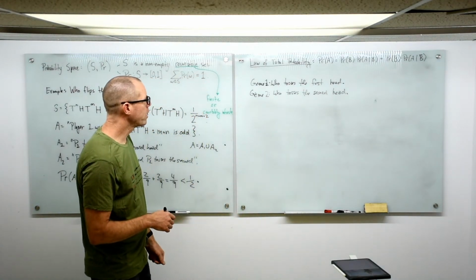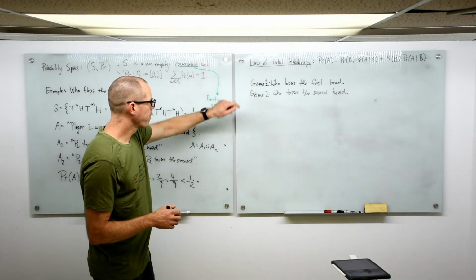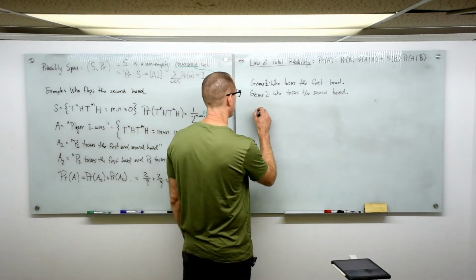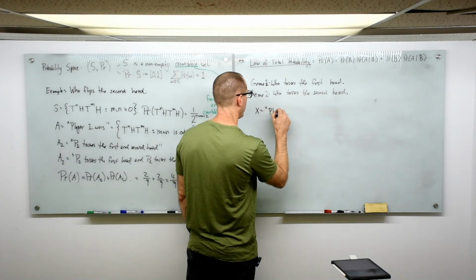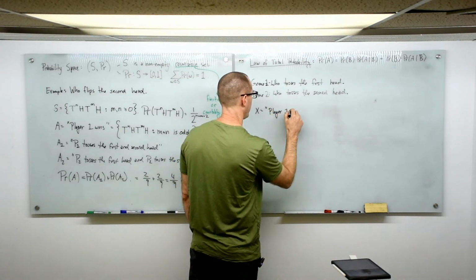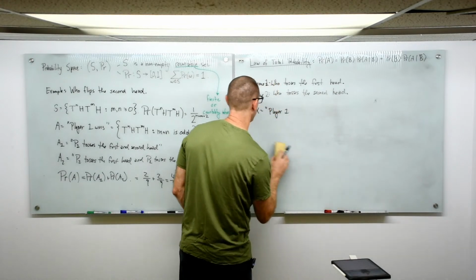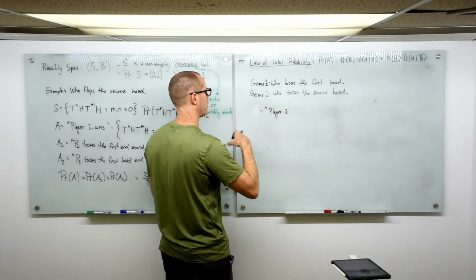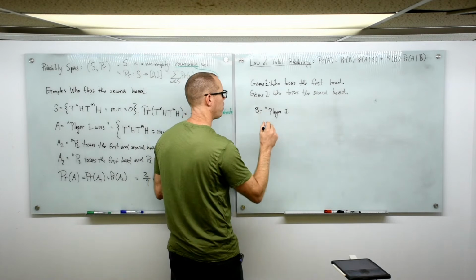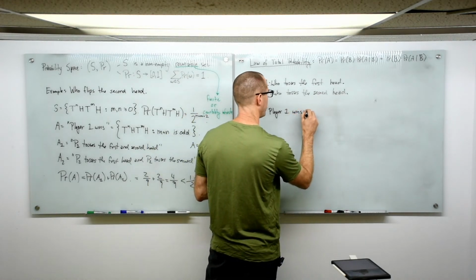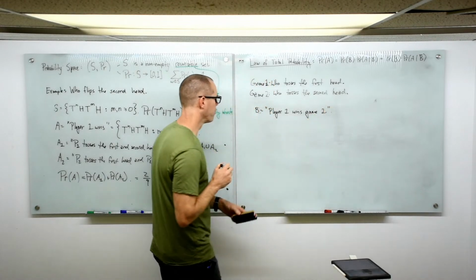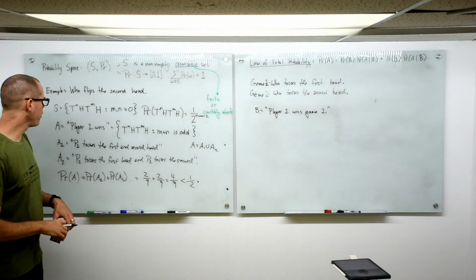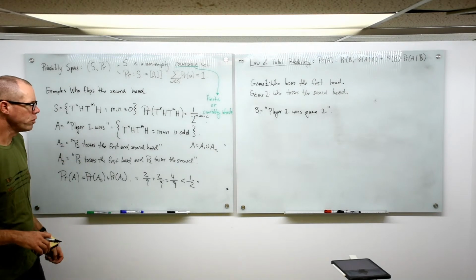So we can say, let B be the event, player 1 wins game 1. Okay. A is still going to be the event, player 1 wins game 2.